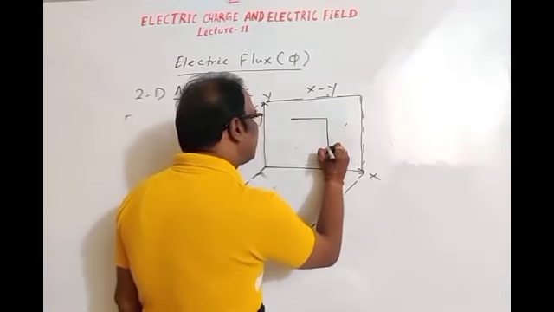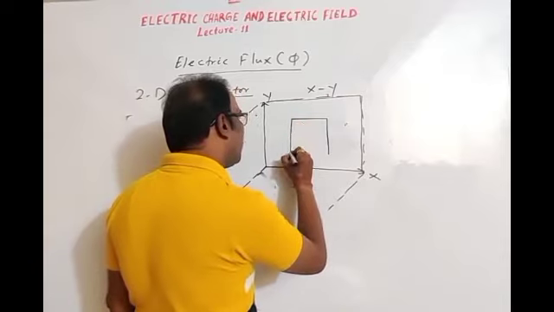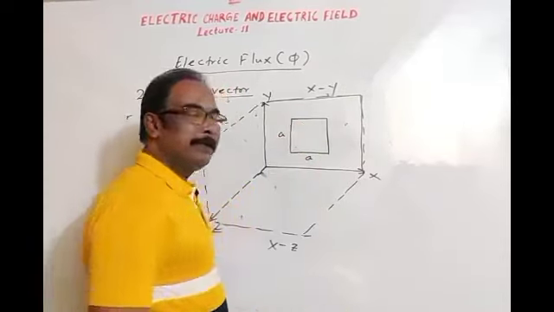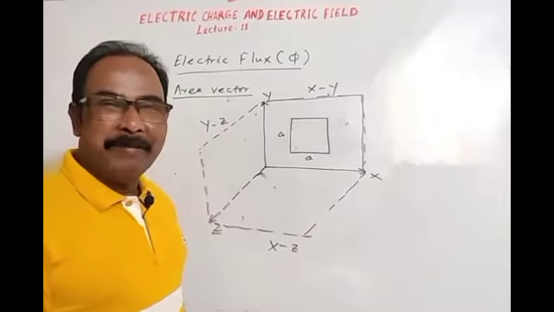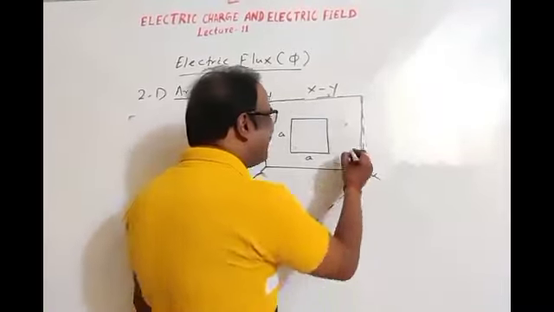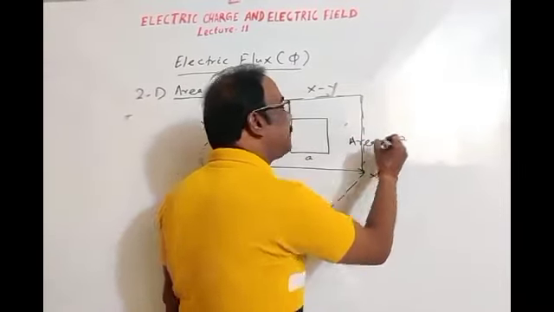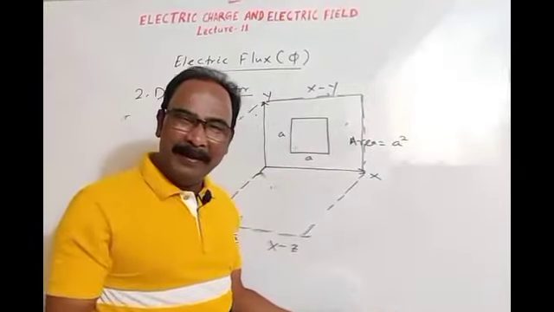Let's imagine this is a square on the xy plane. This side is a, this side is a. Then what is the magnitude of the area of the square? The magnitude of the area of the square is a into a, which means a square. Then what is the direction of the area?